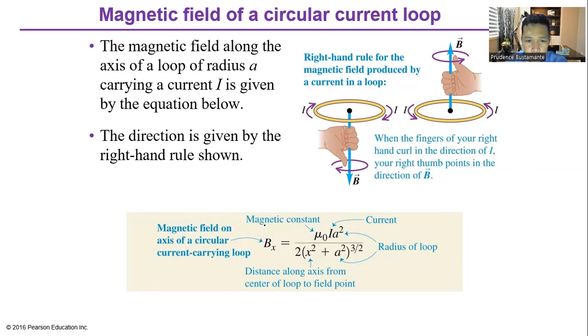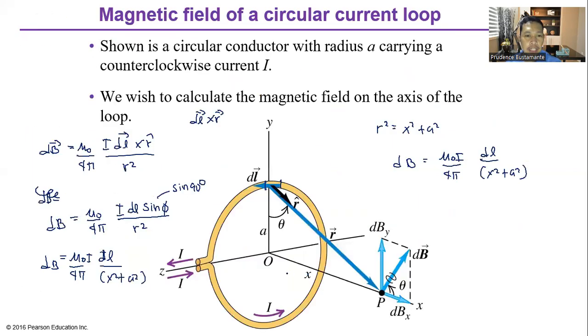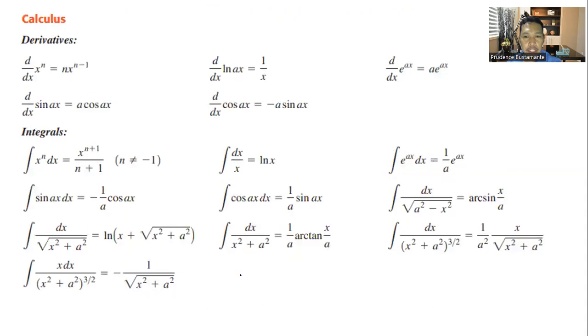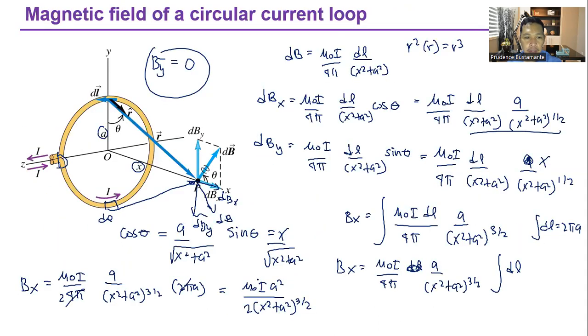We have the magnetic constant mu naught, the current I, the radius of the loop a, and x, the distance along the x-axis from a point to the loop. We already derived this one.